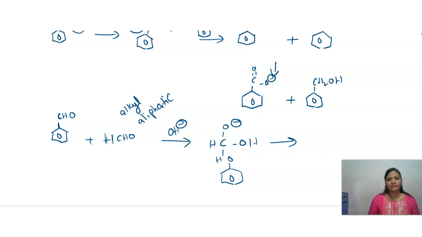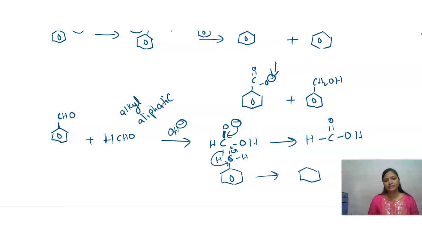So when it is rearranged to a double bond, then it will go and attack on this carbon. So you will get like this. So here it is H, C double bond O, OH we got, and here it is C, O minus H2.